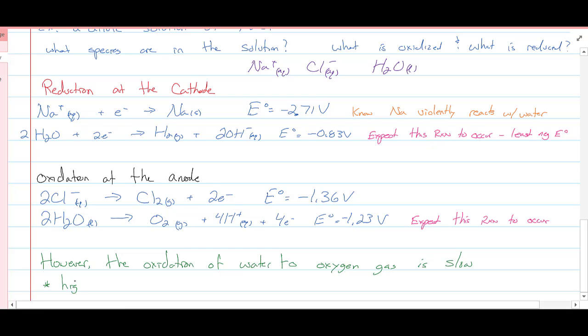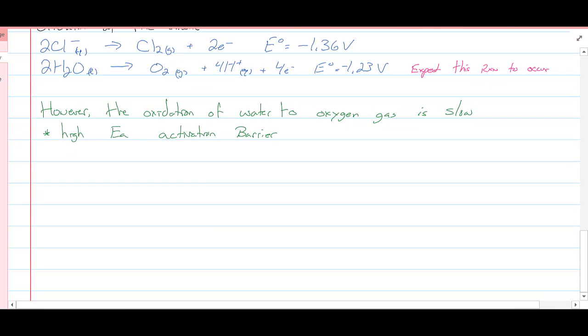It has a high EA, activation barrier. High energy required to do so, which means it requires an additional overpotential to get the reaction to proceed at a reasonable rate.